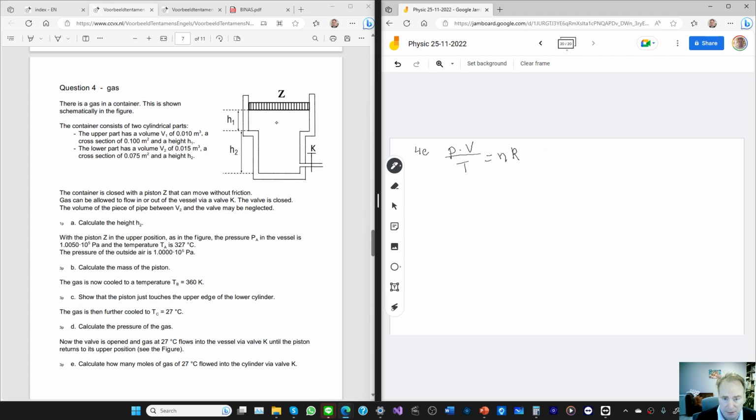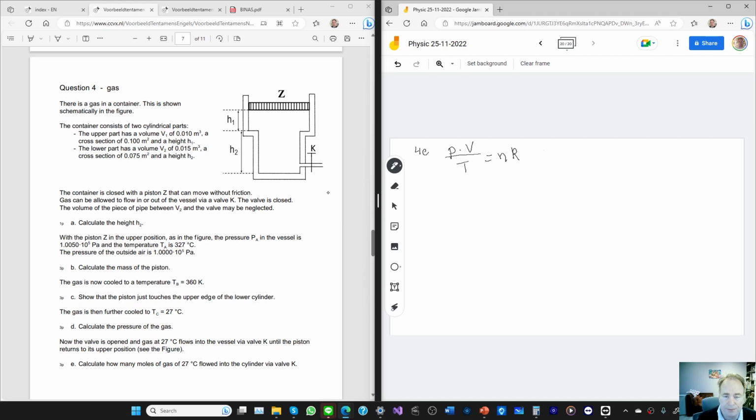So we can just check in this final state and in the initial state what the number of moles contained is, and then the difference is how many moles have flowed in.